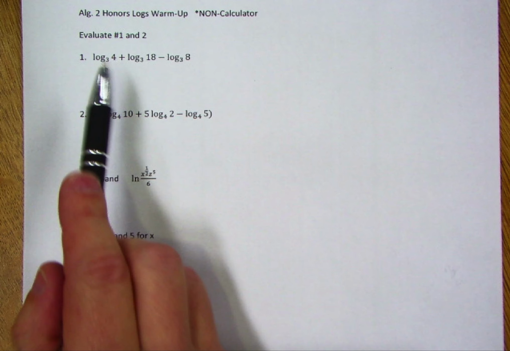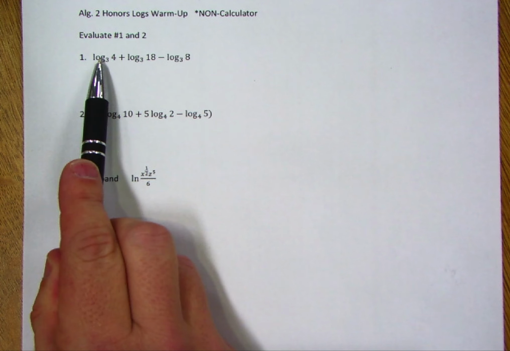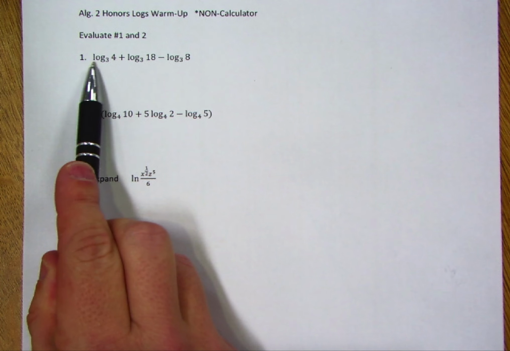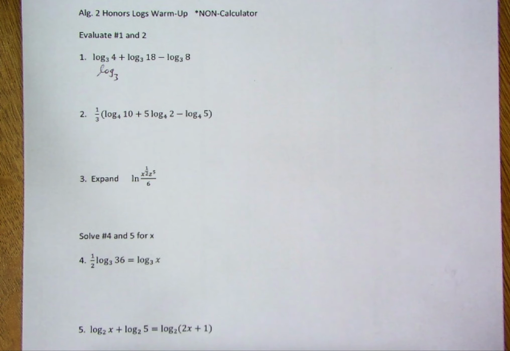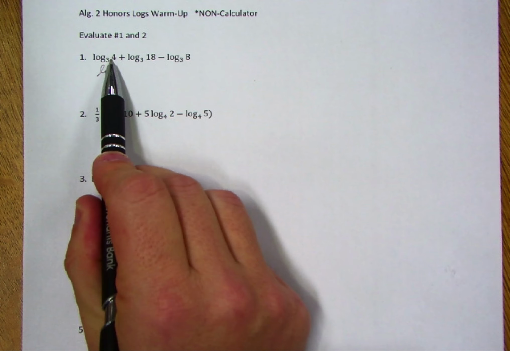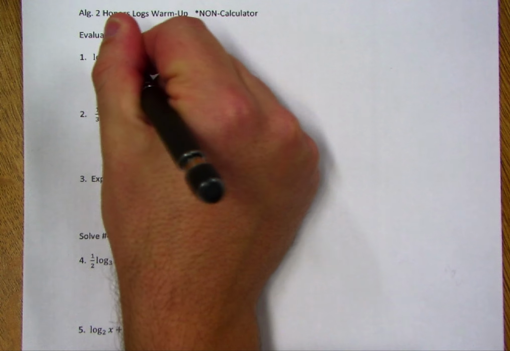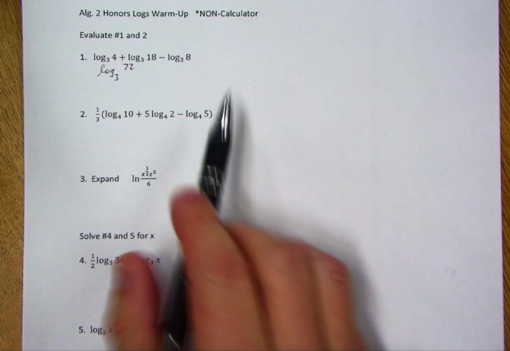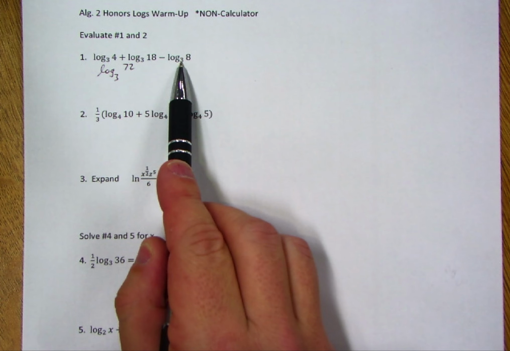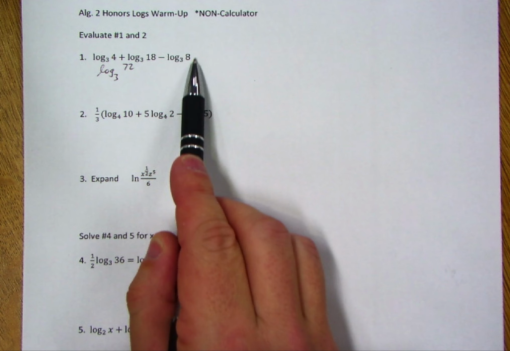But when I use my log properties, remember if you're adding 2 logs with the same base, you could merge them into 1 log with that base and multiply the arguments together. 4 times 18 is going to be 72. Then remember when you're subtracting a log of that same base, that's like dividing by this argument.